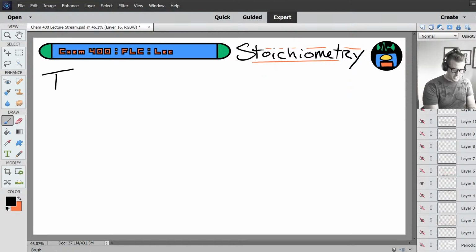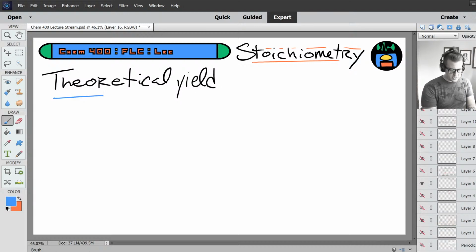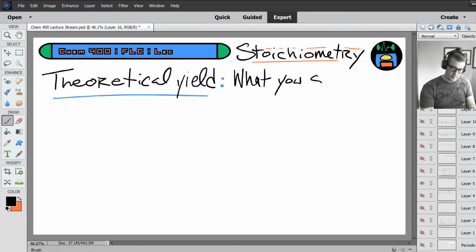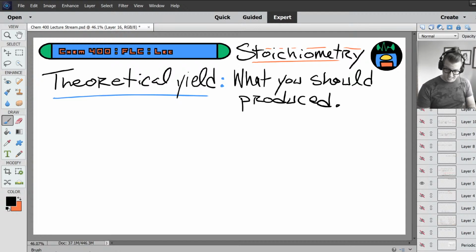The theoretical yield is what you should produce based on what you start with. All right, this is what you should produce.